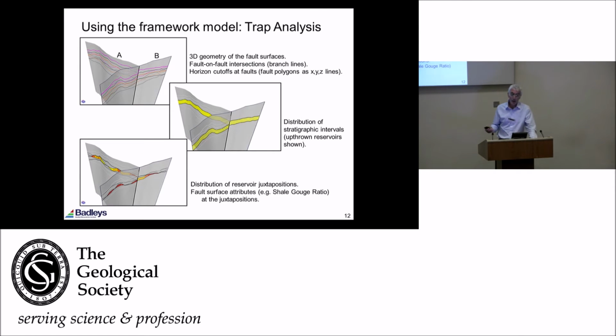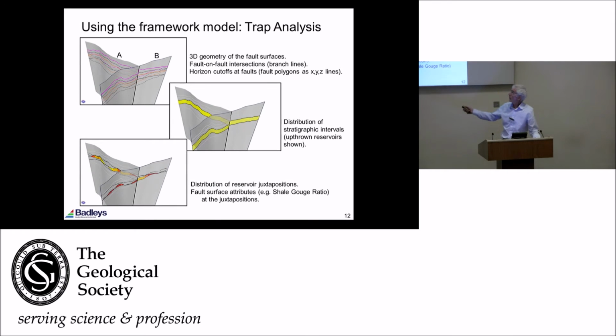So taking a perspective view on that, we can first of all look at the arrangement of the key faults joined by a branch line, and the other lines drawn on there are the horizon cutoffs or three-dimensional fault polygons of the top and base reservoir that you saw mapped, and also a shallower reservoir as well.